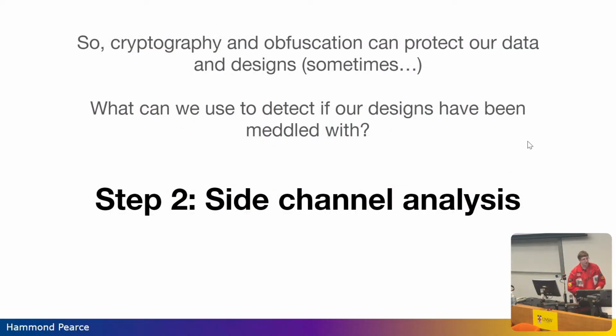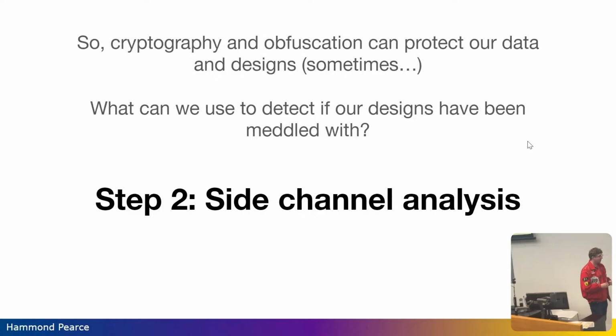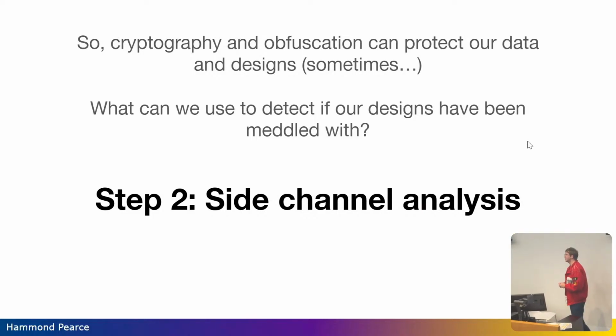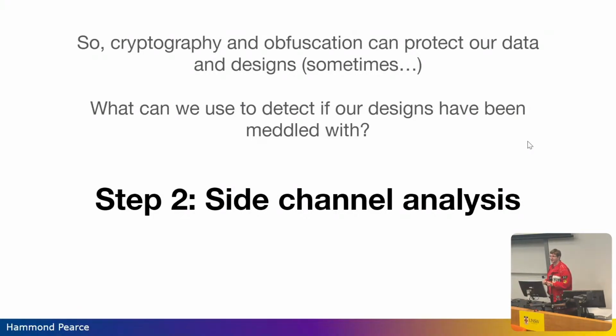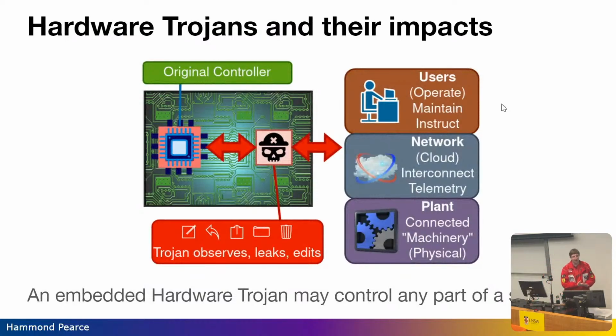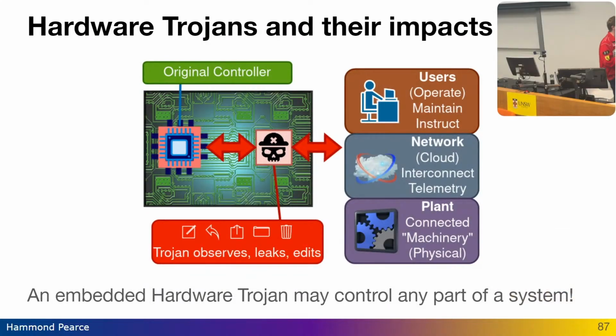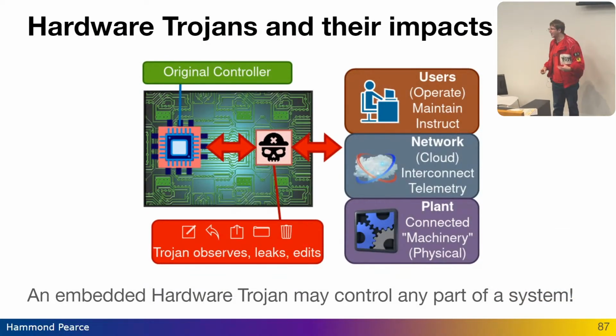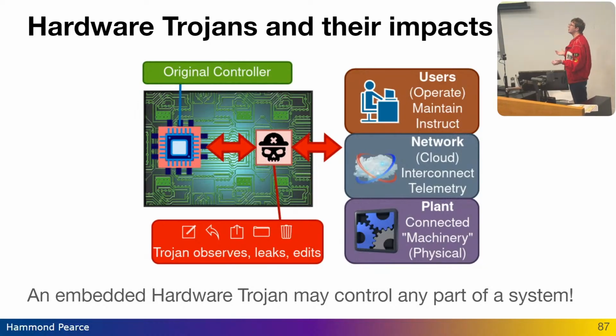All right. Assuming that we've got some method of ensuring that our data and our designs are protected, what can we use to detect if our designs have been meddled with in some way, if our designs have got a hardware Trojan in them? What we're going to do is leverage something called side channel analysis. Now, this leverages the fact that hardware Trojans, which sneak into our designs and can do things, have to actually be able to do stuff in order to be legitimate Trojans.